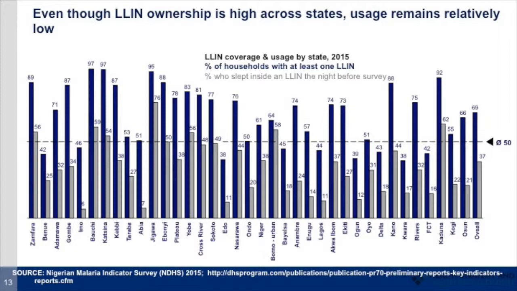For instance, even though the LLIN ownership was high across states, its use was relatively low. So we not only compared across states, we also compared ownership with use. Clearly, it was a problem for us to focus on in Nigeria and it informed a lot of changes we made to the malaria program.